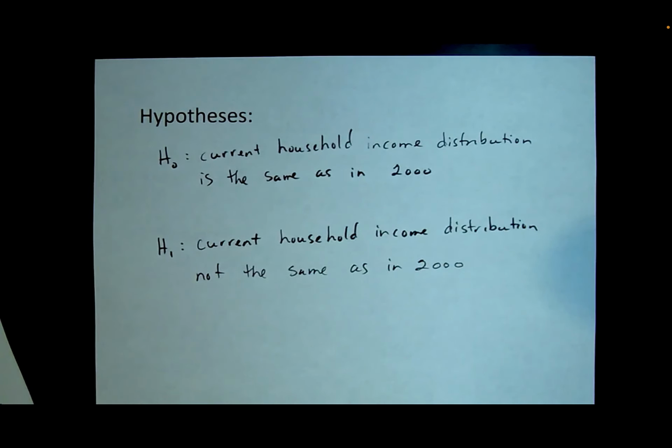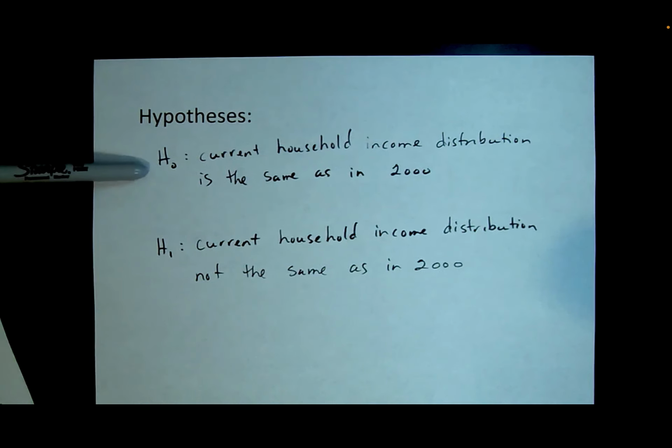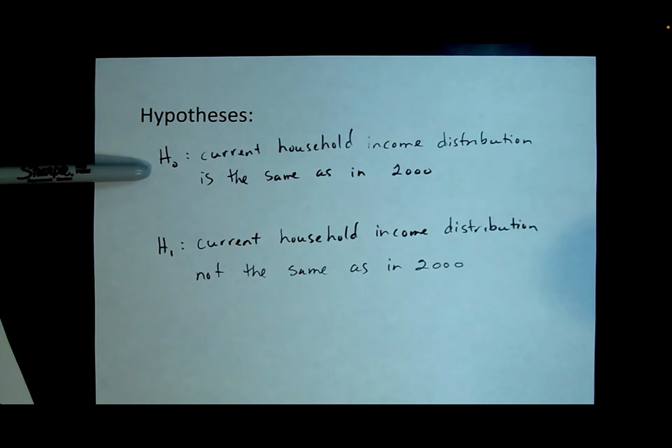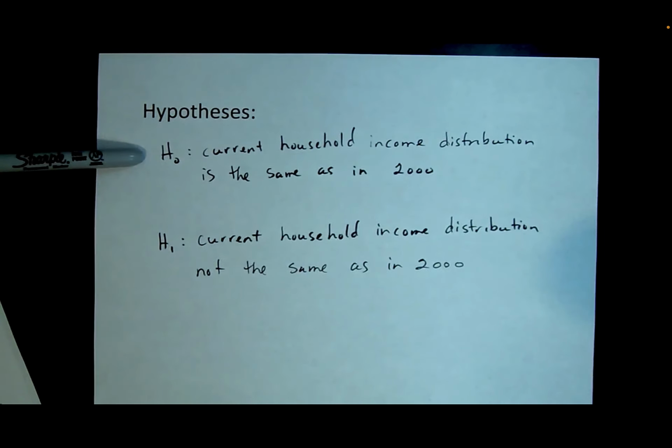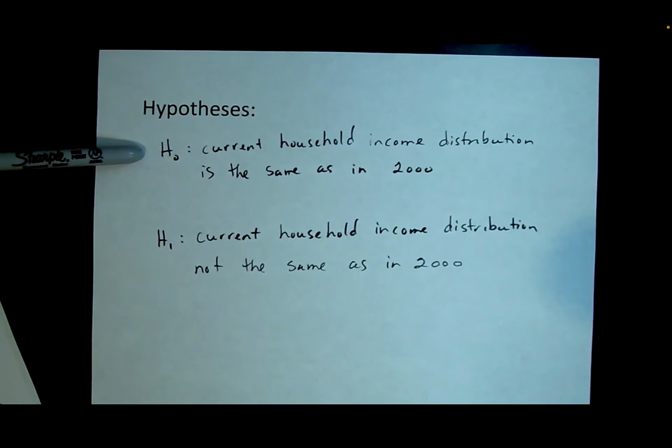Okay, so you remember how a hypothesis test works. We assume that the null hypothesis is true. We look at our observations and determine the probability of getting those observations if the null hypothesis is true. If that probability is very, very low, or is too low, I guess I should say, then we will say the null hypothesis must not have been true, or we wouldn't have observed the values that we did.